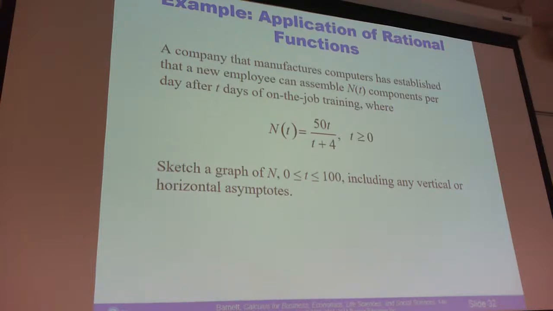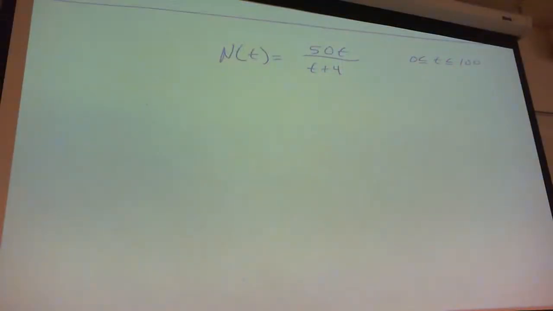So here's our new problem. Are there any vertical or horizontal asymptotes? But remember, we're only looking at 0 to 100. My question is, are there any vertical or horizontal asymptotes? And our domain is 0 to 100. So there's the function. We're going from 0 to 100.